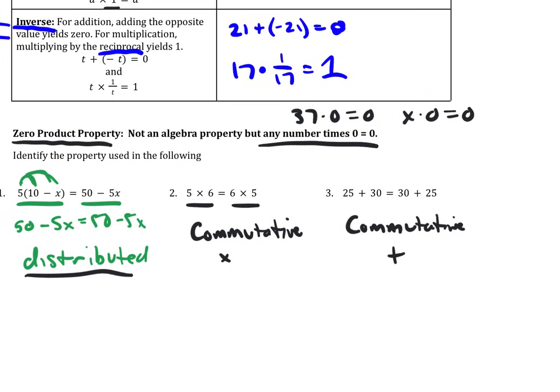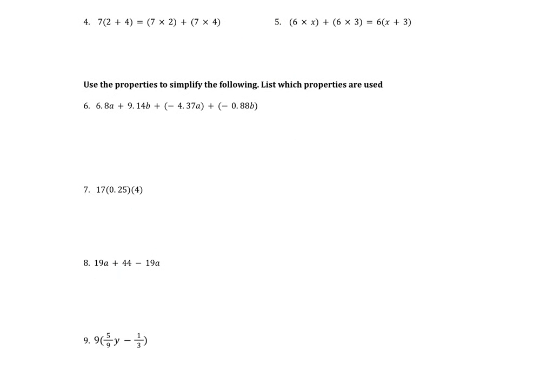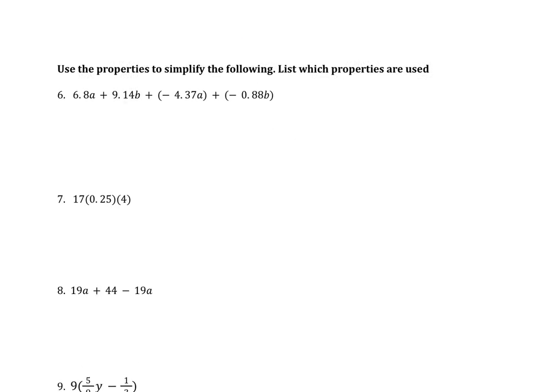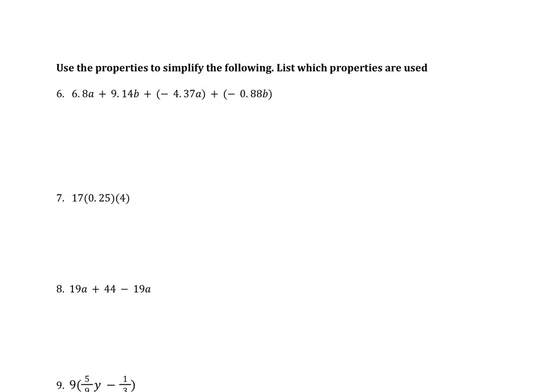I'm not looking for you to just crunch numbers, throw numbers in a calculator and get an answer. I'm looking for what rule I am following here. So we're going to do a little bit of simplifying here, combining like terms. I've got 6.8a, 9.14b, minus 4.37a, and minus 0.88b.